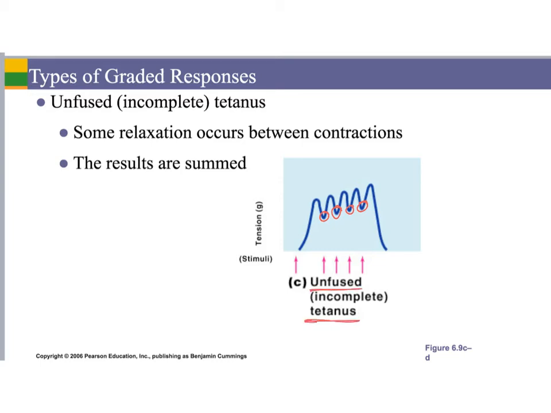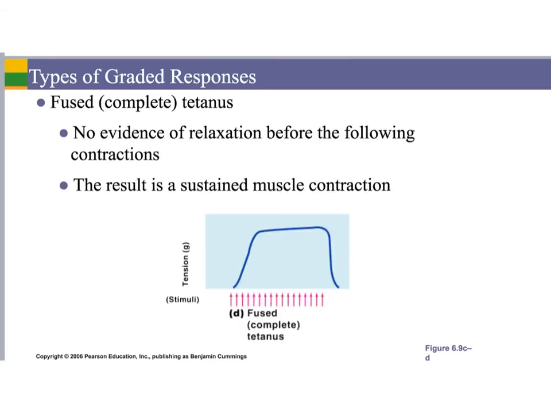The last slide was just tetanus. This is going to be unfused tetanus because our relaxation phase is getting very short here. And if we increase the frequency anymore, there's going to be no relaxation. And this is called fused tetanus, right? And this is a sustained muscle contraction.